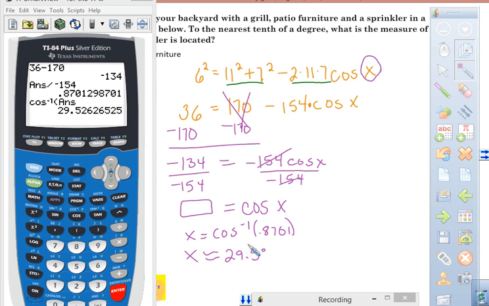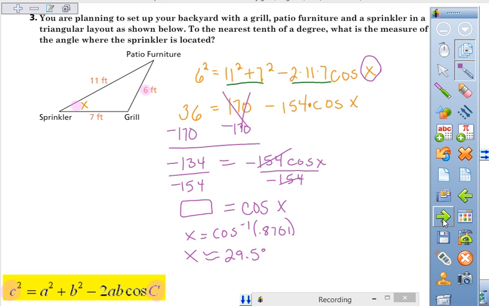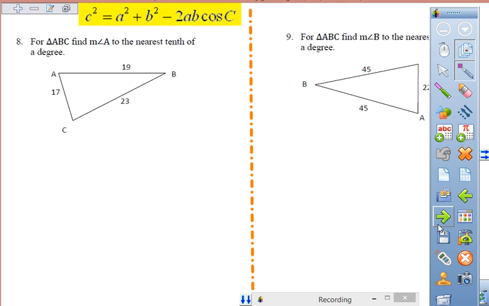So let's try another one. Number 8. We need to figure out which angle we need. So it says find angle A, so I'm going to mark that. That is our unknown. So the side that matches with that is 23.